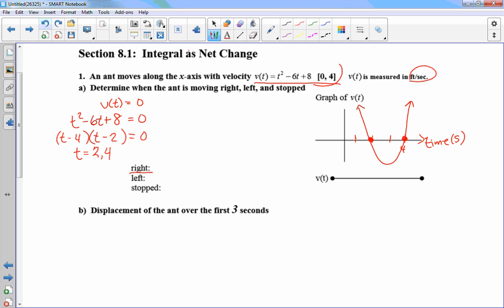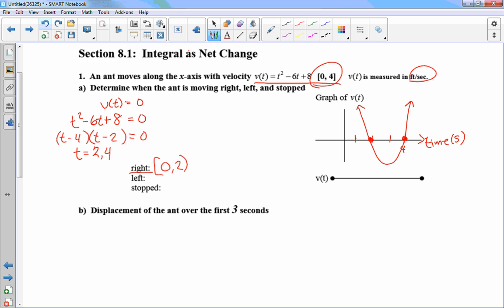We're only looking at 0 to 4. Now, question, what goes around the 0 to 2? Yep. Because at 2, we're changing from left to right. At 0, we're just going right.